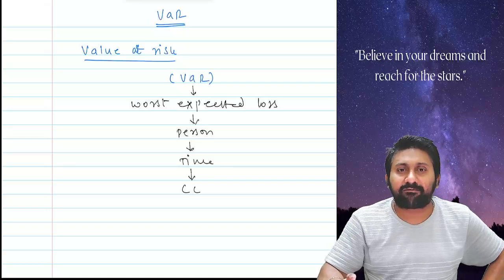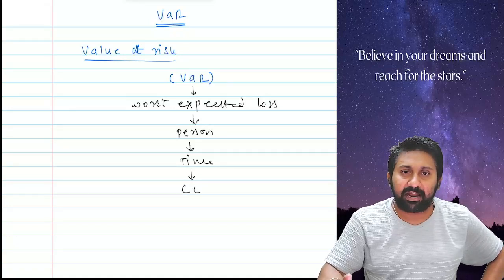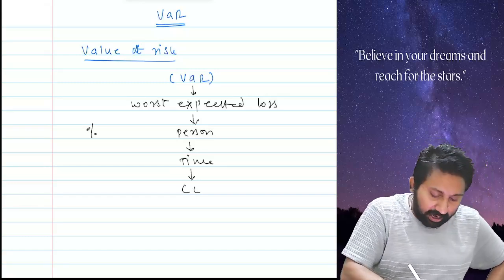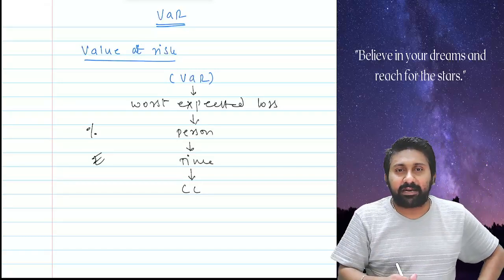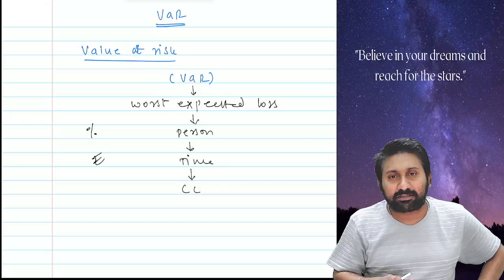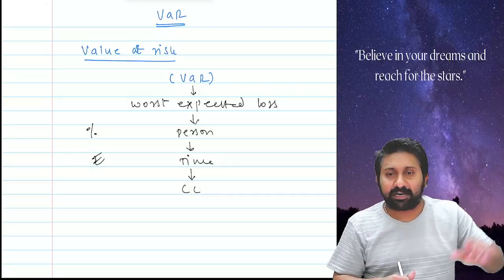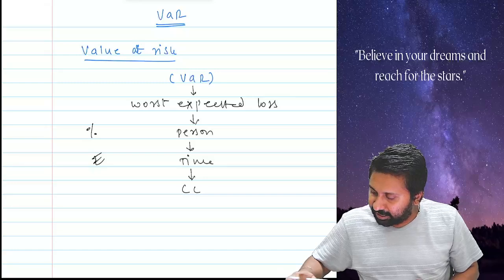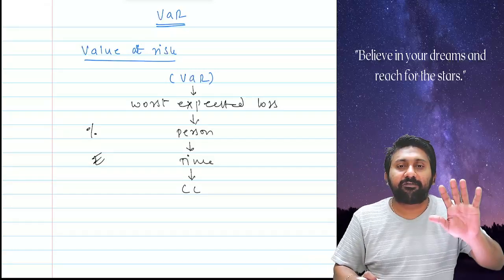That amount of worst expected loss we calculate in 2 ways, as a percentage or as an amount. I can tell the worst expected loss will be 1.5%. You are investing 10 lakh, and 10 lakh into 1.5% means 15,000.